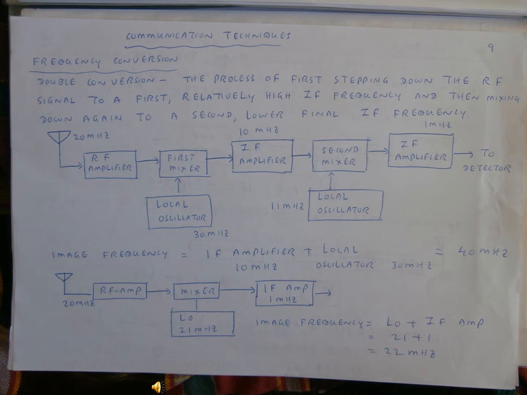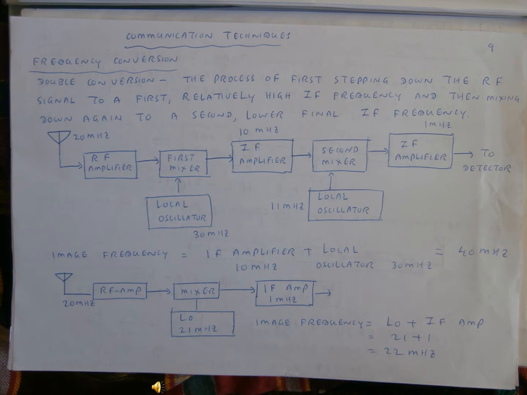So the antenna receives the frequency, which is a radio frequency. This radio frequency is too high to process, so firstly it needs to be stepped down to the intermediate frequency. Then it is mixed down with the frequency produced by the local oscillator, and again to the second, lowest final intermediate frequency.